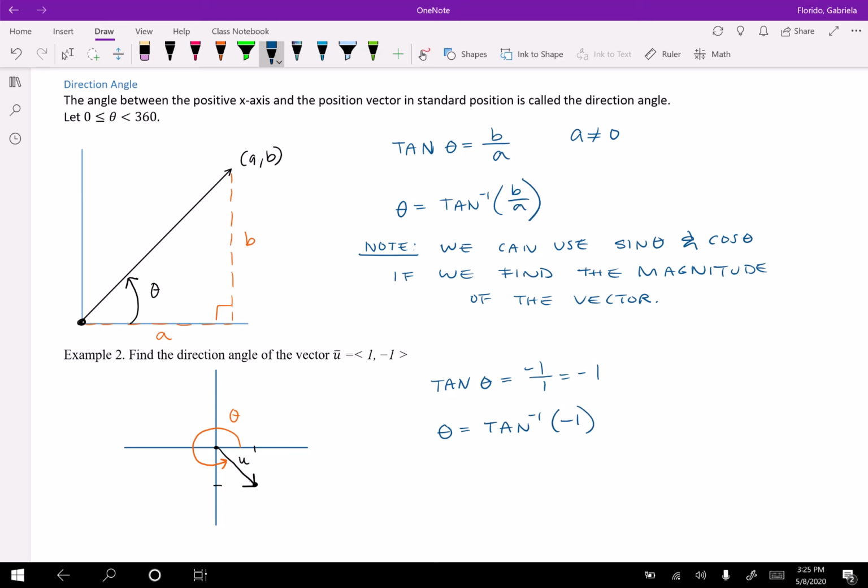And so tangent inverse of negative 1 is going to give us negative pi over 4. But remember, we want an angle between 0 and 2 pi. So we're going to use its positive coterminal angle. And so that means that theta is going to equal 7 pi over 4, or 315 degrees.